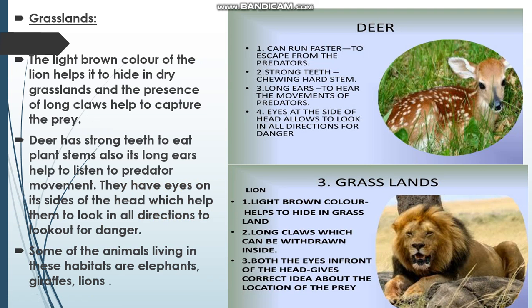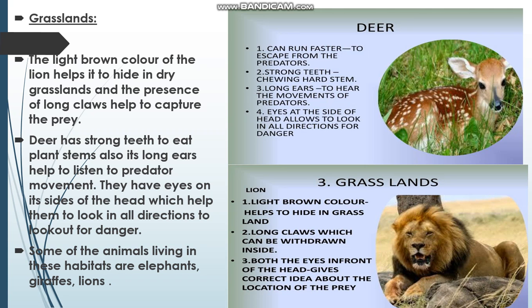The deer also lives in the grassland habitat, adapted with strong teeth to eat plant stems. It also has long ears that help it listen to the predator's movement. They have eyes on both sides of the head which help them look in all directions to watch out for danger.